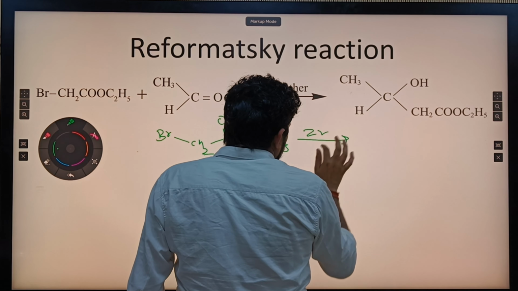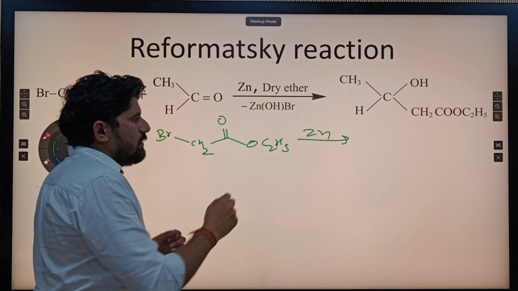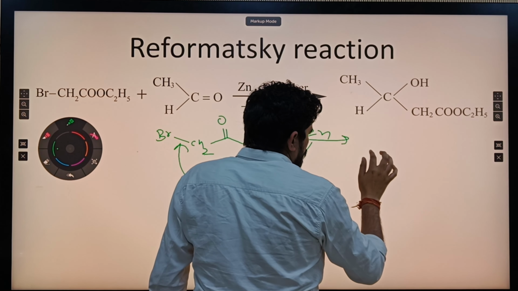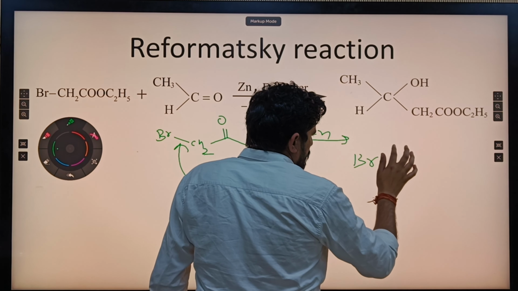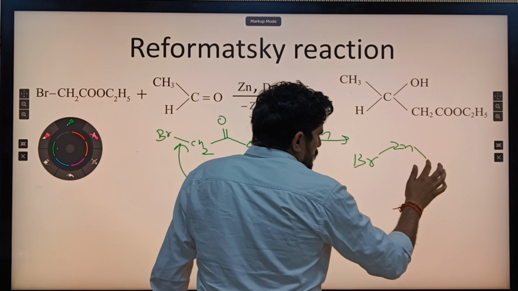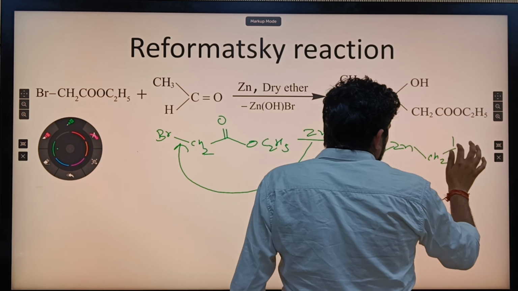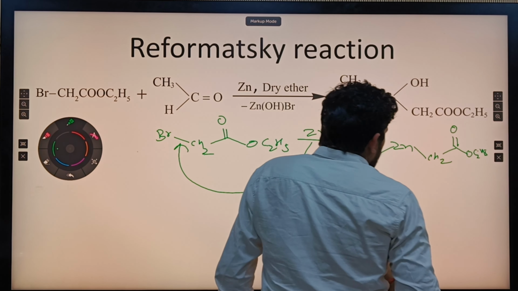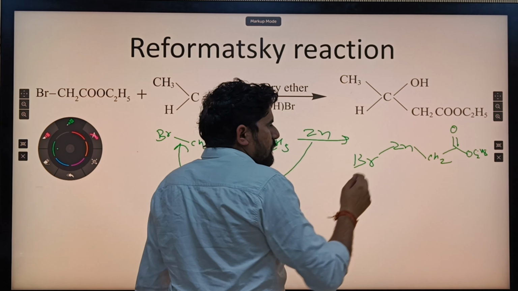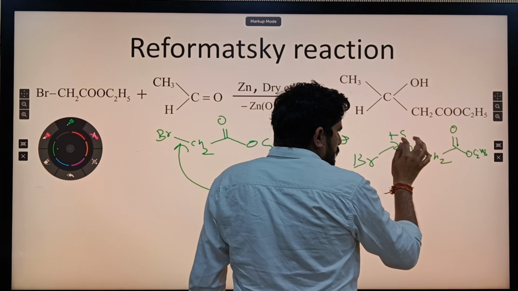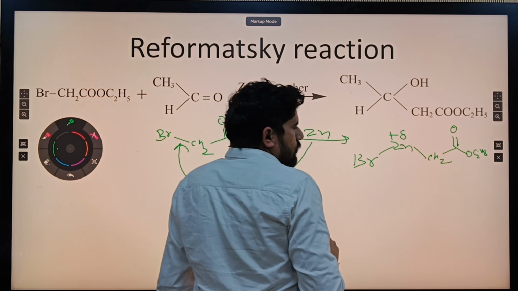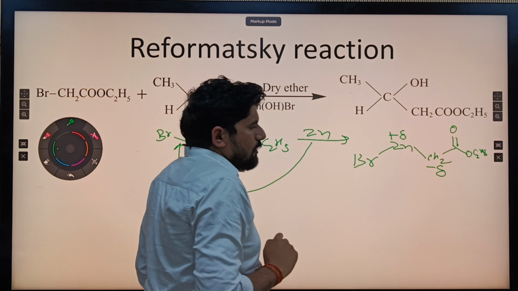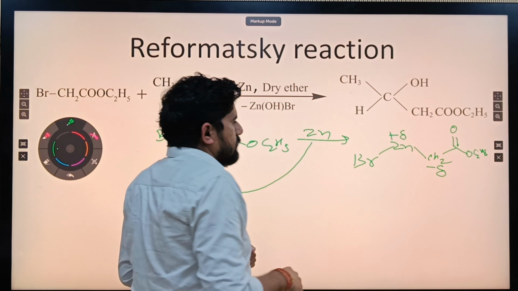In the presence of zinc, it will insert in the Br and CH2 bond. So Br, zinc, CH2 and ester group C2H5. So here zinc is a metal, and on the metal we have a slightly positive charge, or you can say partial positive charge, and on CH2 there is a partial negative charge.